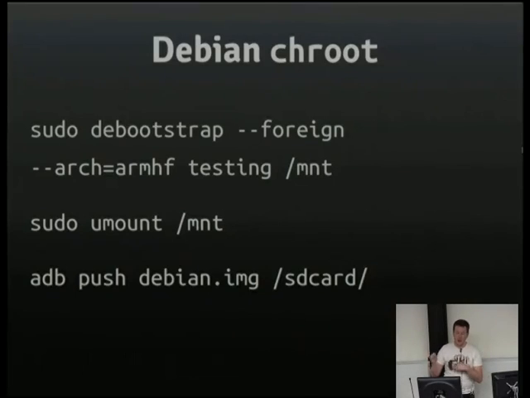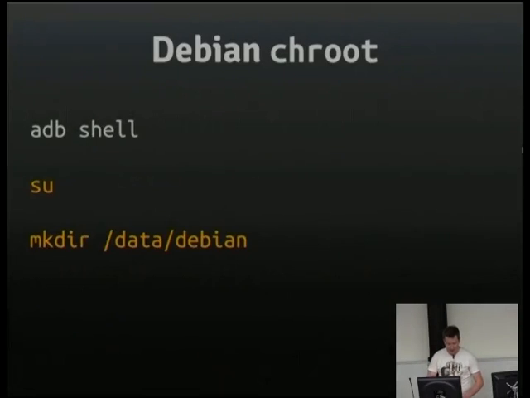But the configuration doesn't work so well, because at that point you're trying to run ARM binaries on your x86 and things fail. So --foreign tells it not to do that, just to get all the files and unpack. Tell it what distro you want. I've gone for testing, it doesn't really matter. And tell it where you want to push it to. Unmount, push it to your device. I pushed it to the fake SD card.